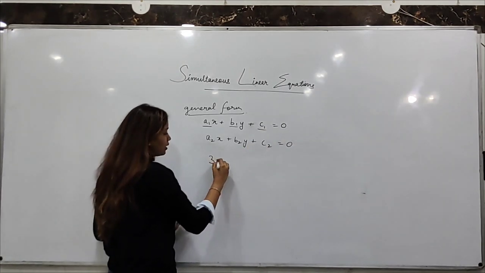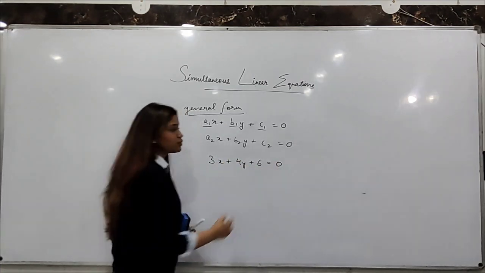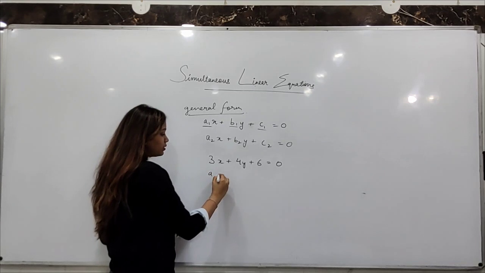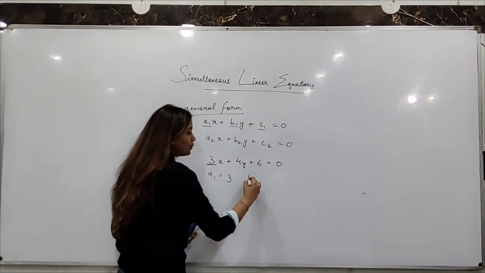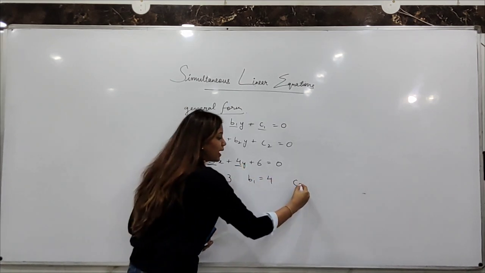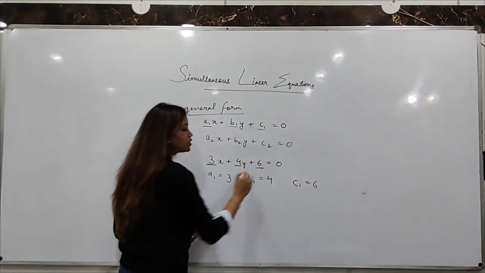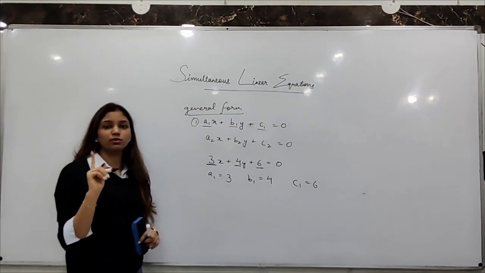Let us see. If we have 3x plus 4y plus 6 is equal to 0, a1 here is going to be 3 because a1 is the coefficient of x, b1 here is going to be 4 which is the coefficient of y, and c1 is going to be 6 which is the constant.